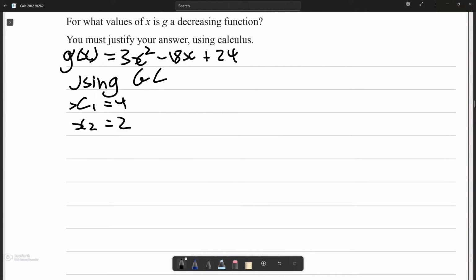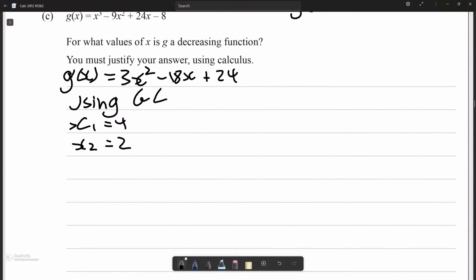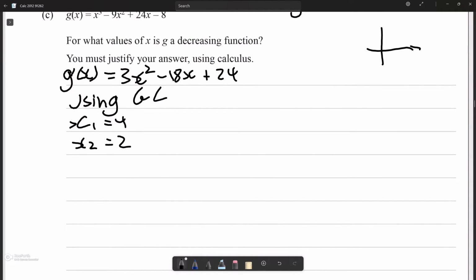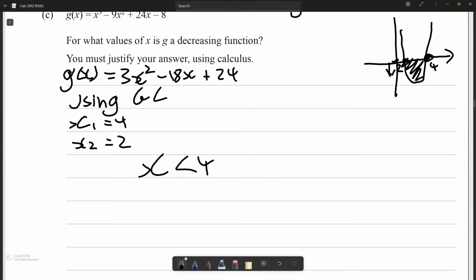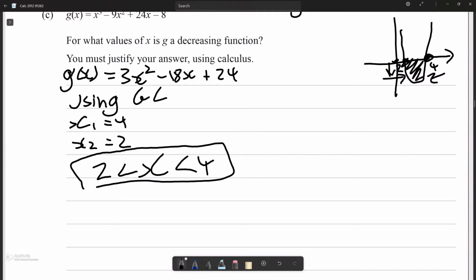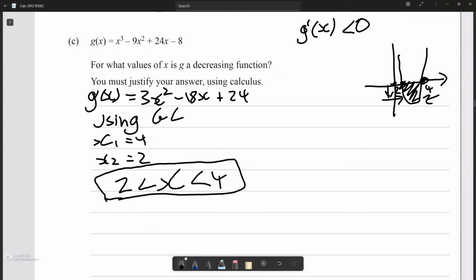And then our interval is going to be, if I were to graph this function and say that's 4, that's 2, then this area here is when the graph is below the x-axis, negative or less than 0. So my domain is x less than 4 and greater than 2.